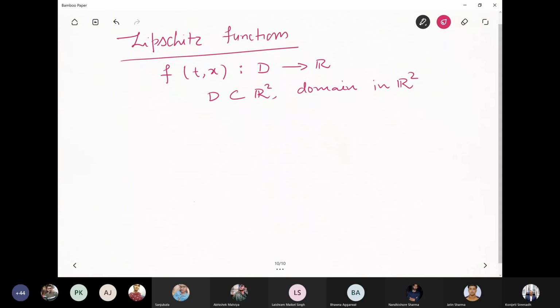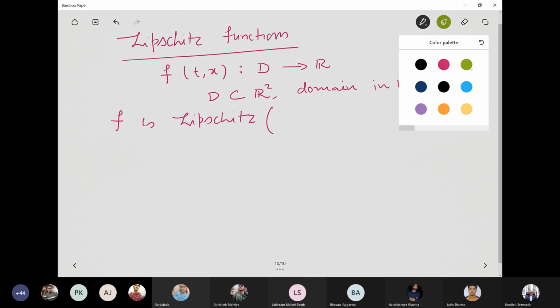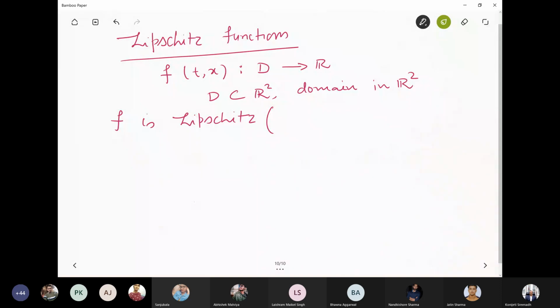So we say that f is Lipschitz. I can write it in brackets, but once we understand that, we need not write this in the variable x. This is what we require, but generally the definition can be without this variable x, with obvious modification.